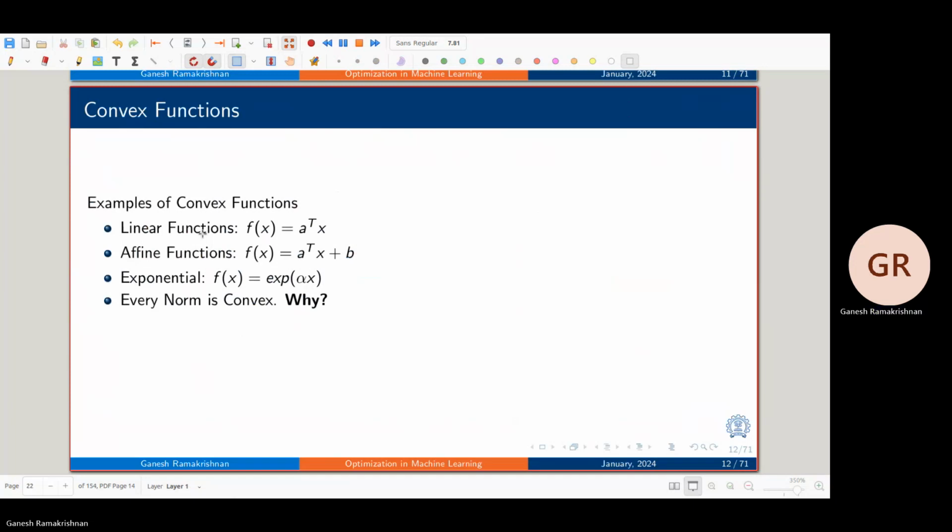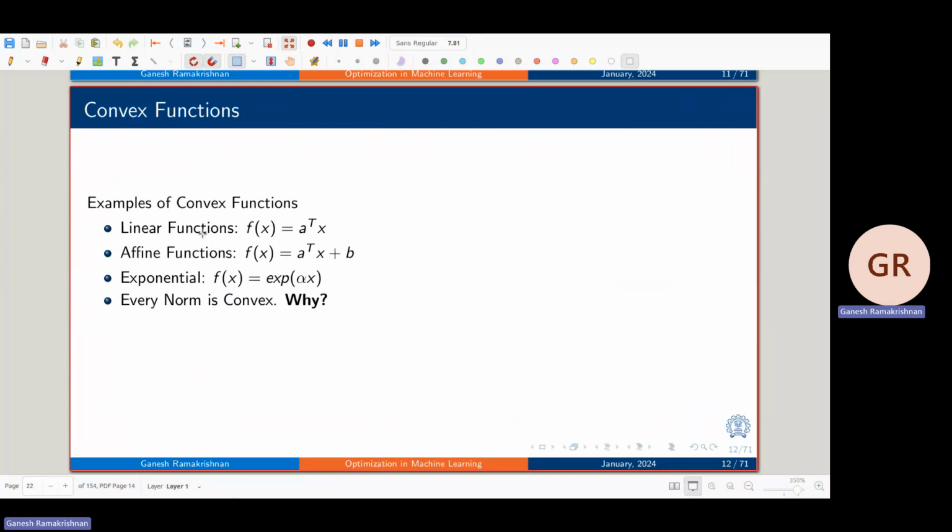Exponential function. We'll see a little bit of that, but exponential functions behave like this, right? They're cup shaped. We'll show you some tools, but every norm is convex. Why?